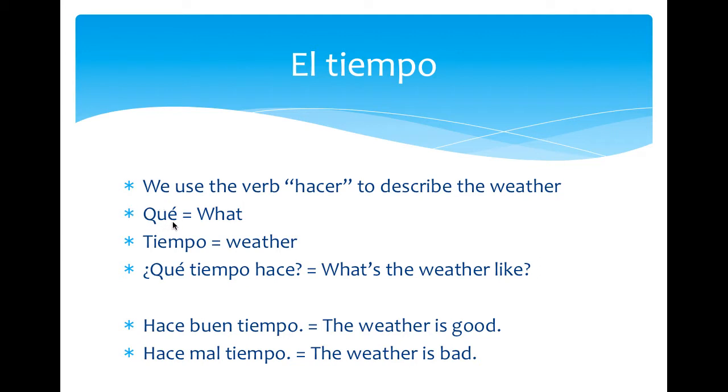We have the word ¿qué?, which means what, tiempo, which means weather, and so the question, ¿qué tiempo hace?, in English means what's the weather like. Hace buen tiempo, the weather is good. Hace mal tiempo, the weather is bad.